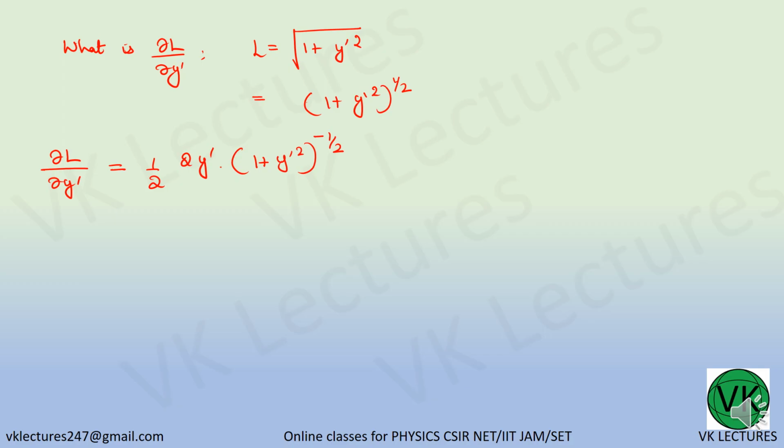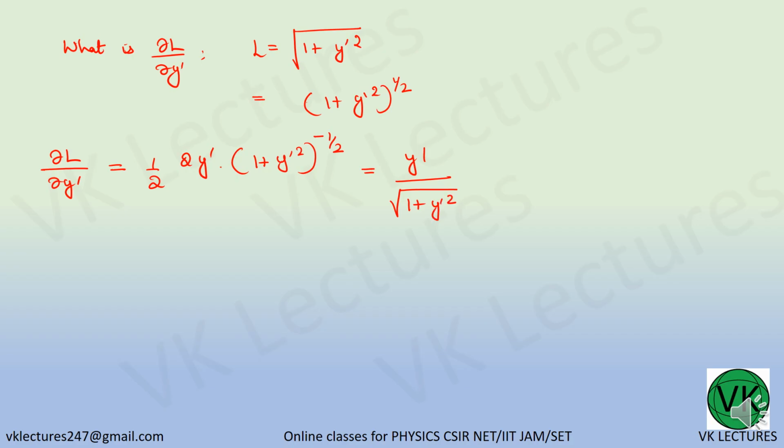Now 2 gets cancelled. This becomes y' divided by the root of 1 plus y' squared.